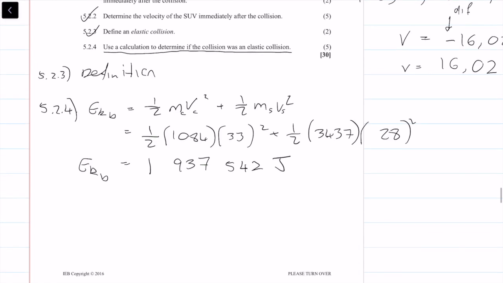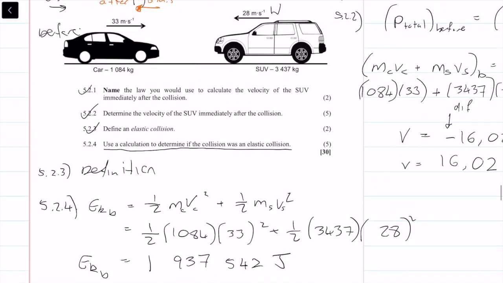Okay, now we just need to get EK after, which is also equal to 1/2 mass of the car, velocity of the car squared plus 1/2 times the mass of the SUV, velocity of the SUV squared, but this is always after the collision. So what we have is 1/2 times the mass, 1084, times the velocity, 5 squared. Again, I don't care about the direction.